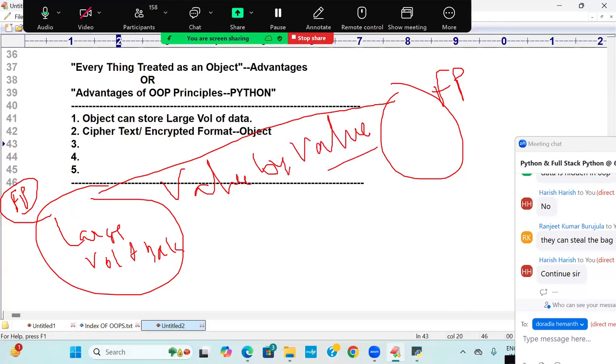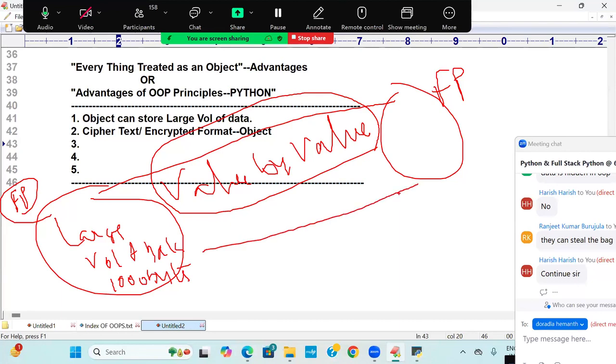If I have 1000 bytes of data, how many times will values be sent? 1000 times. Pick the value, send it, come back, second value. To and fro.